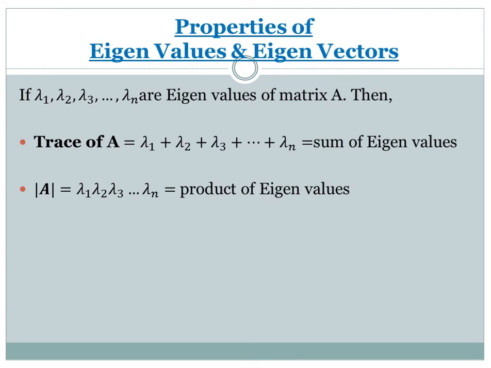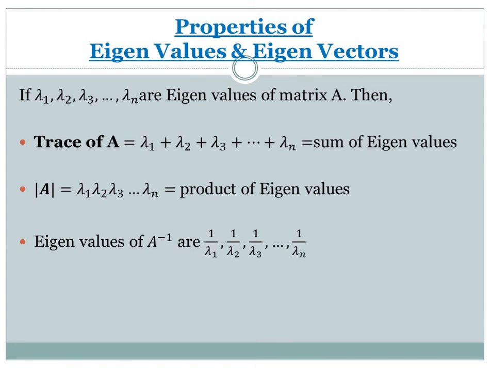Next property: determinant of A is equal to the product of eigenvalues, that is, lambda 1 into lambda 2 into lambda 3 up to lambda n.